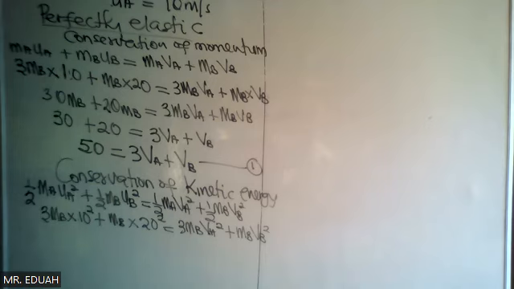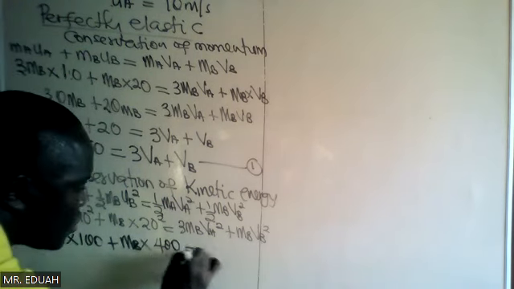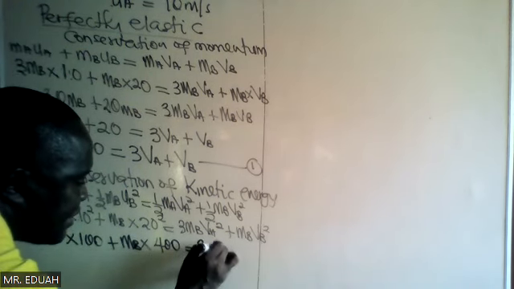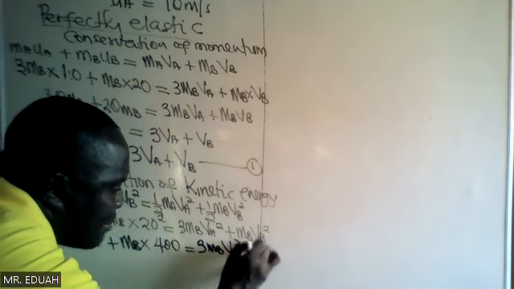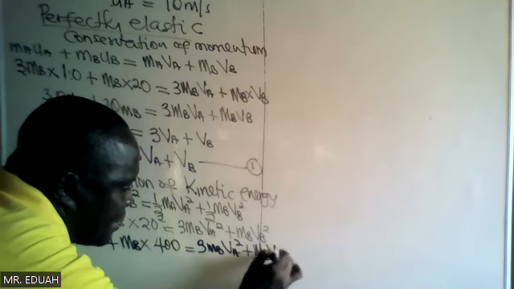All right. So let's simplify whatever we have here. 3 MB times 10 squared is 100, plus MB times 20 squared is 400, is equal to 3 MB VA squared plus MB VB squared.